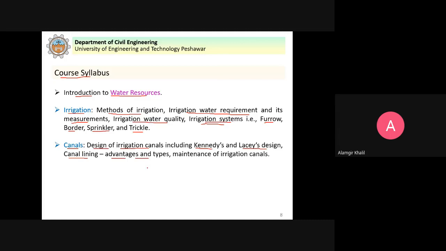So canal lining basically means that we cover the surface of the canal, the sides and the bed of the canal, with impervious materials, because if canal lining is not done, the water seepage can take place and it can result in reduced supply of water. We will also study about maintenance of irrigation canals.